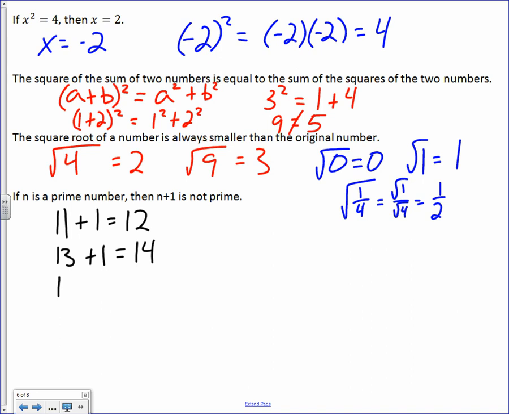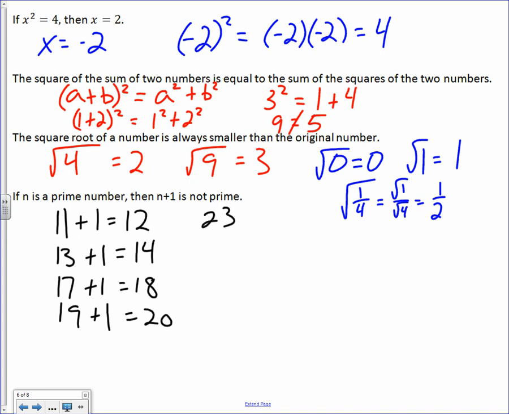If we take 17, a prime number, and add 1 to it, we get 18. 18 is not prime because it's divisible by 2, right? And 19 plus 1 is 20. 20 is divisible by 2, so it's also not prime.